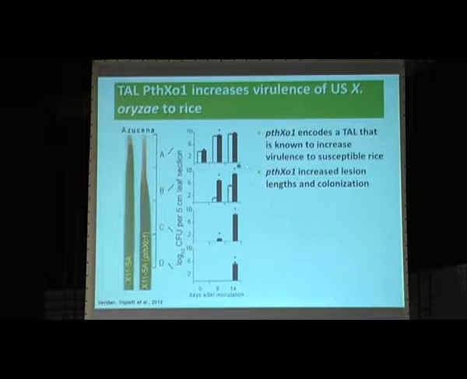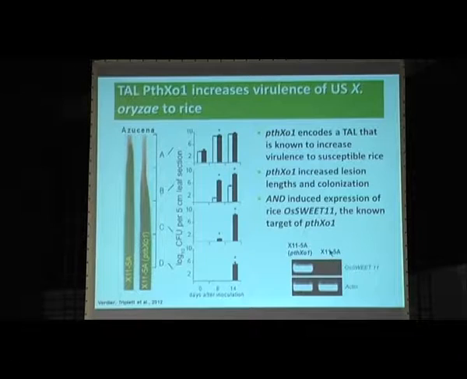And Valerie and Renee measured the movement of the strain expressing the effector through the leaf, and you can see that they detected the transgenic bacteria further down into the leaf. So it increased not only the ability to colonize the plant, but it increased the ability to cause disease symptoms on the plants.